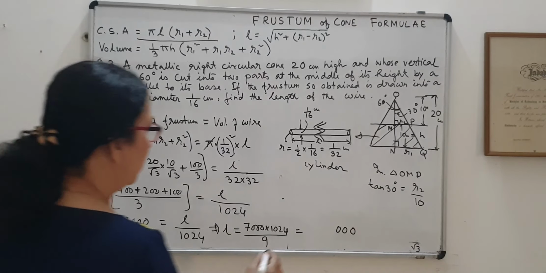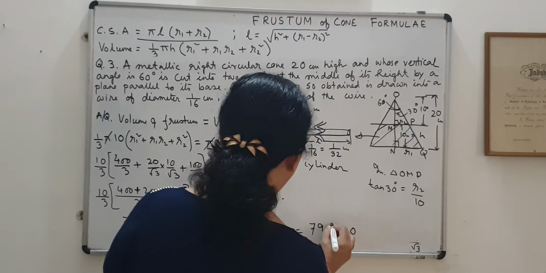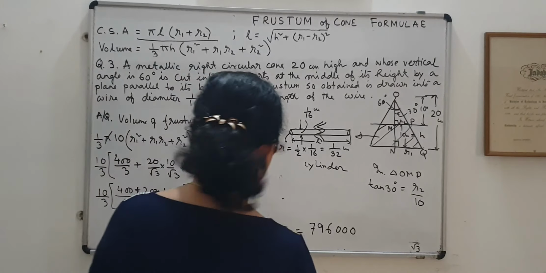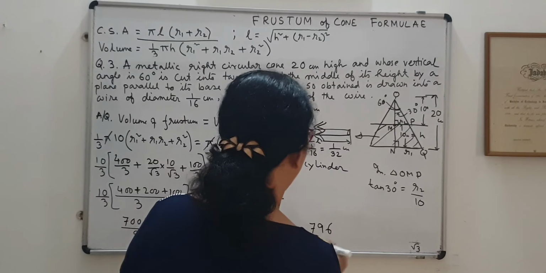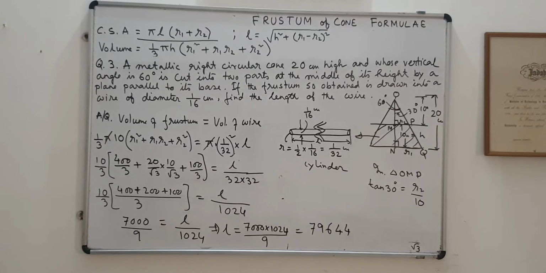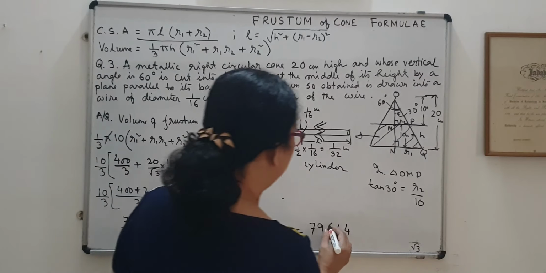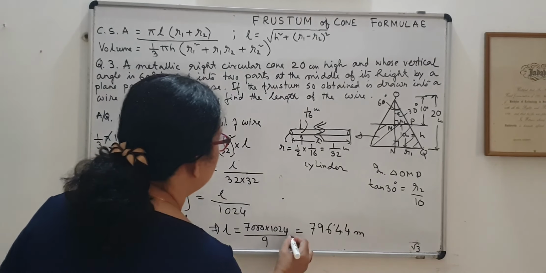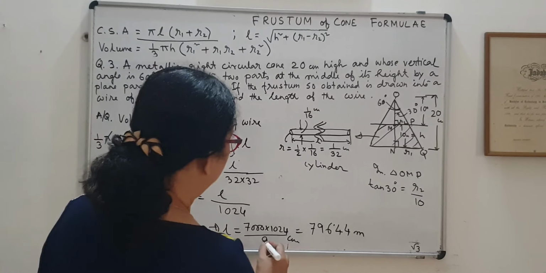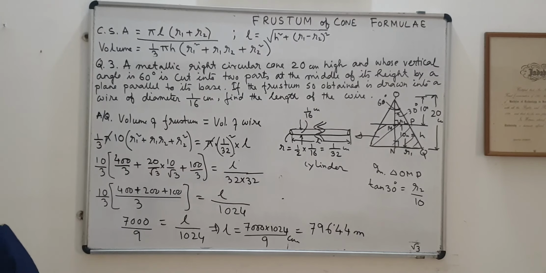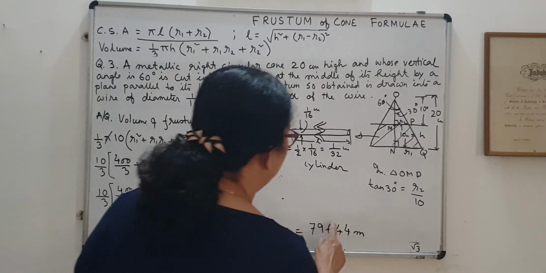If I do the calculation, it will be 796444.4 centimeter. This was in centimeter, so if I divide by 100, it will be 7964.44 meter, the point will be here if it is in meter.